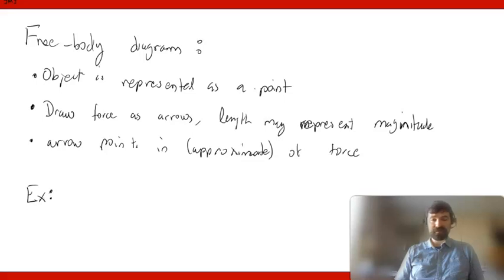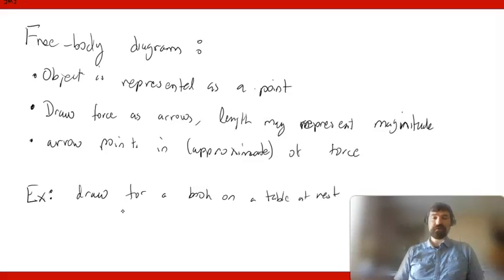Draw a free body diagram for a book on a table at rest. Okay, so basically you'd represent your book like this. Here's my object, just this little dot. And I know that the table is presumably sitting on the ground, so I have a force of gravity.